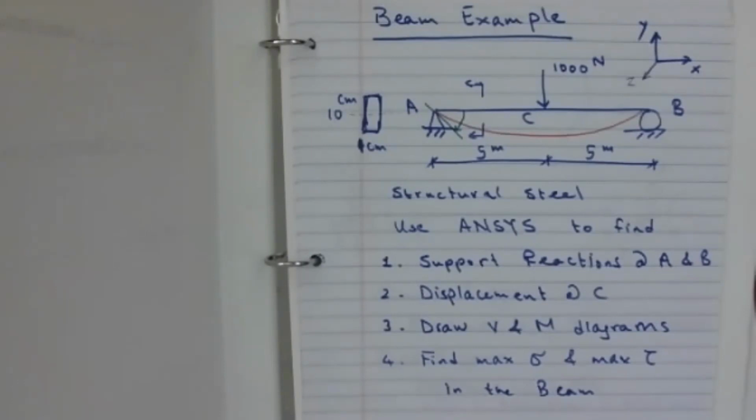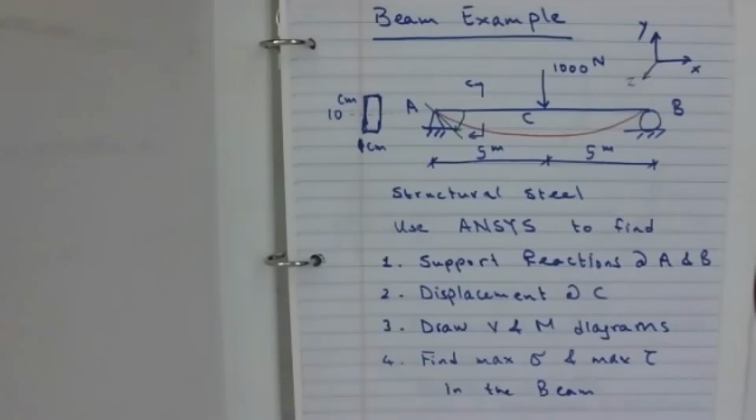I'm looking here at the XY plane. So we get our geometry. We have our default material, structural steel. If I check my line body, I will find that by default it inherited the default material, which is structural steel. I have my cross section, the rectangular.